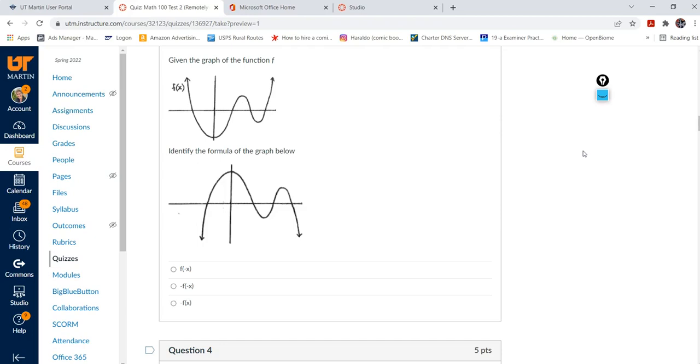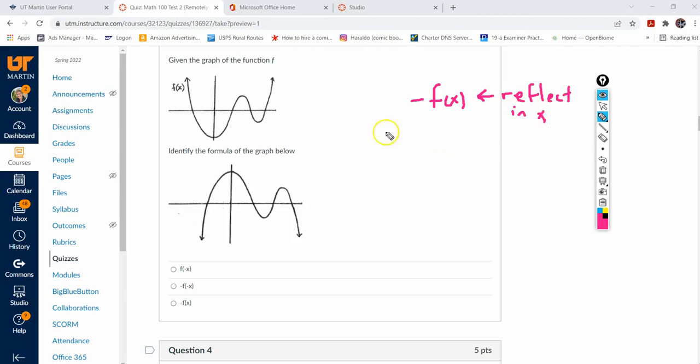Okay, so if I have negative f of x, that takes the graph of f and reflects it in the x-axis. And if I start with the graph of f, and I have f evaluated at -x, that's a y reflection.